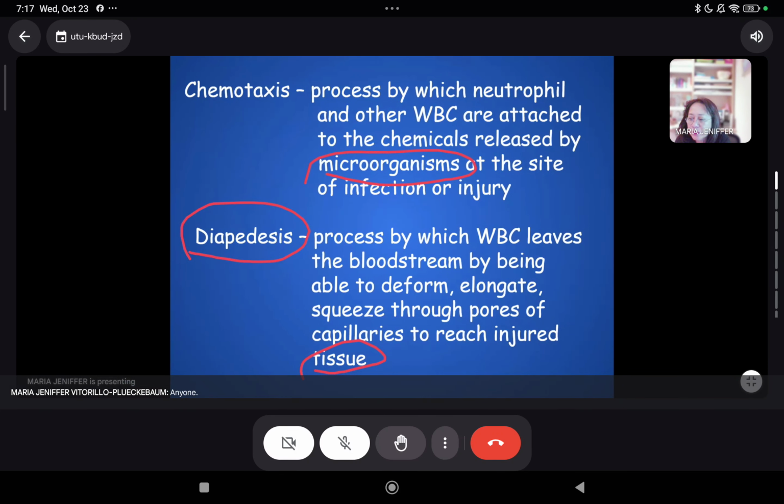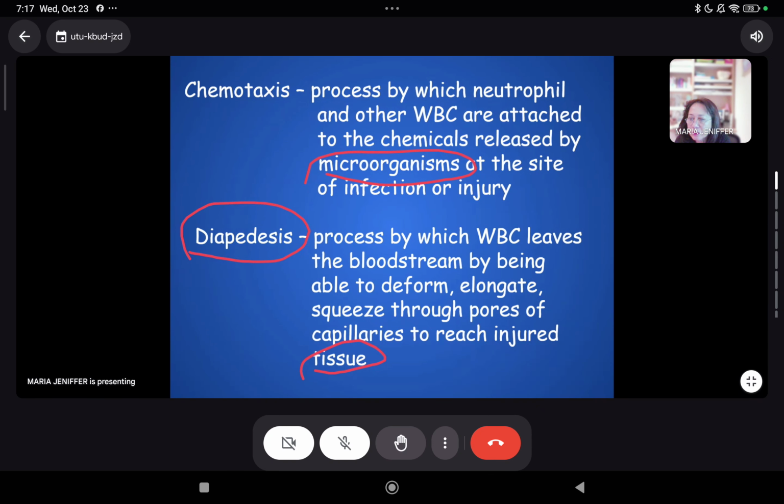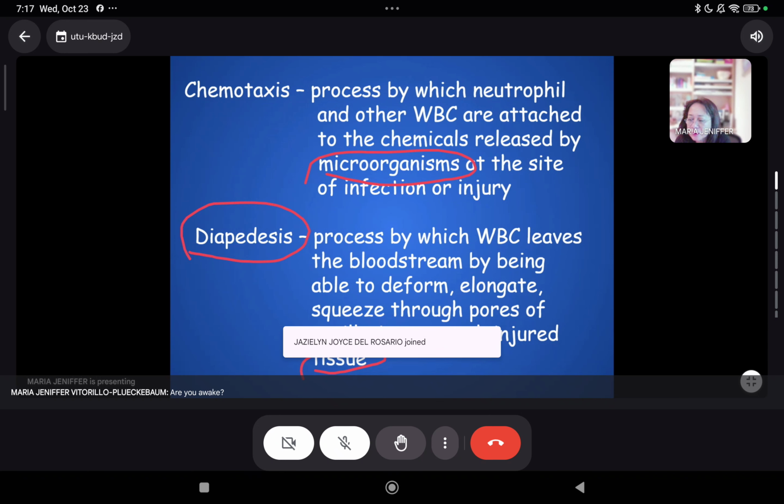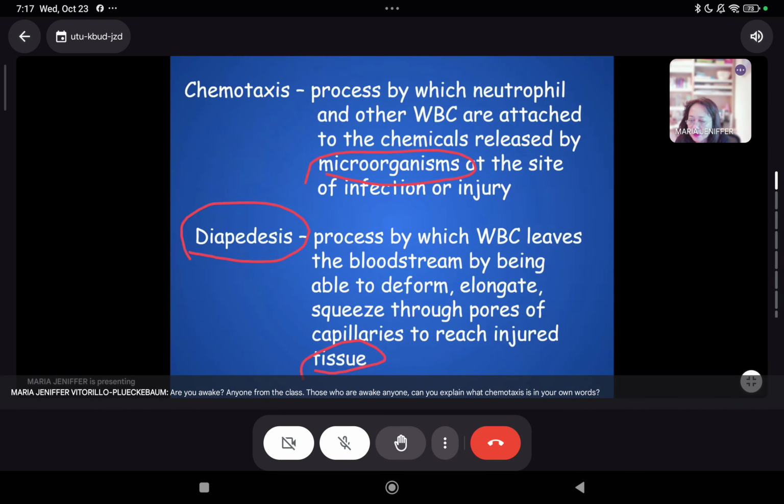Anyone? Are you awake? Anyone from the class? Those who are awake, can you explain what chemotaxis is in your own words?